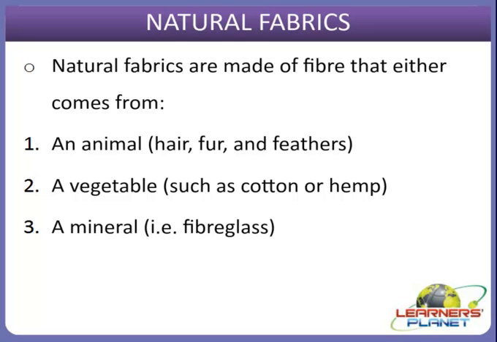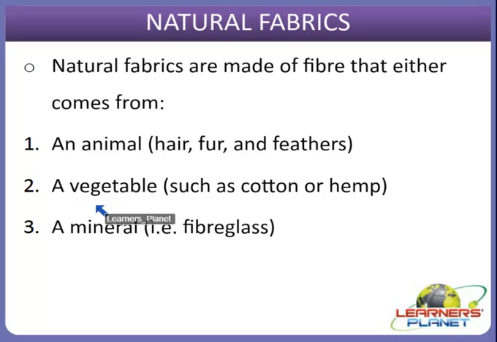What are natural fabrics? Natural fabrics are made of fiber that comes from an animal, a vegetable or a mineral. From an animal, its hair, fur and feathers can be used to make natural fabrics.